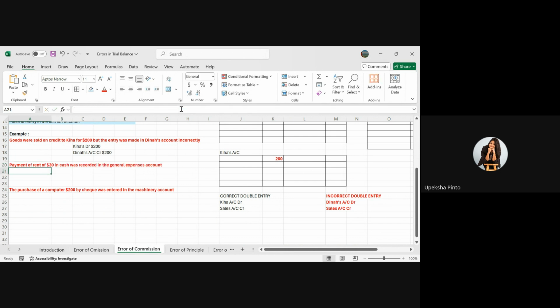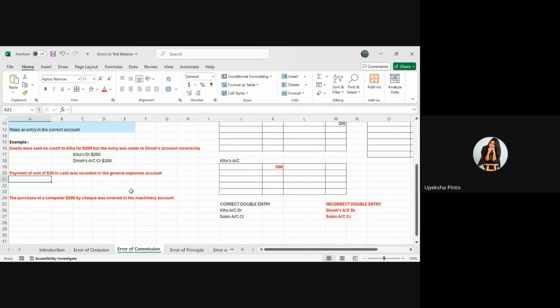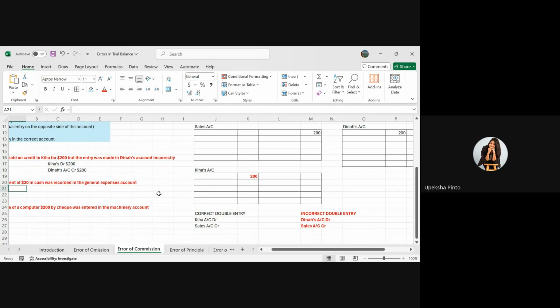So you have paid for rent, but you have put it on general expenses. Both are expenses, but the account is wrong. So we are trying to correct it, right? You have made a payment for rent, $30 in cash, but you have mistakenly put it on a general expense. And this is again an error of commission because both are expenses, but the expense account which you have used is wrong. So we'll try to understand this also using T accounts.